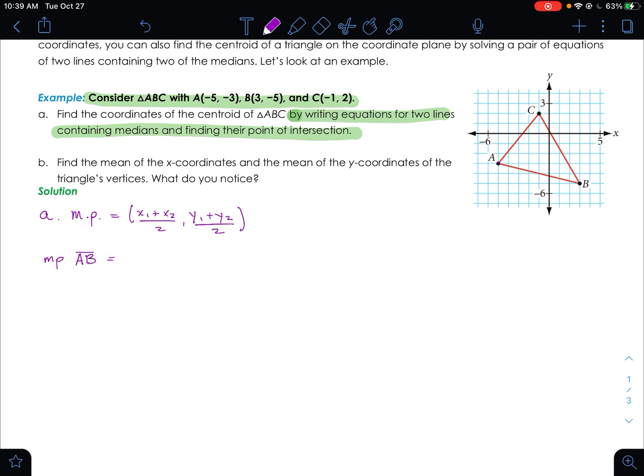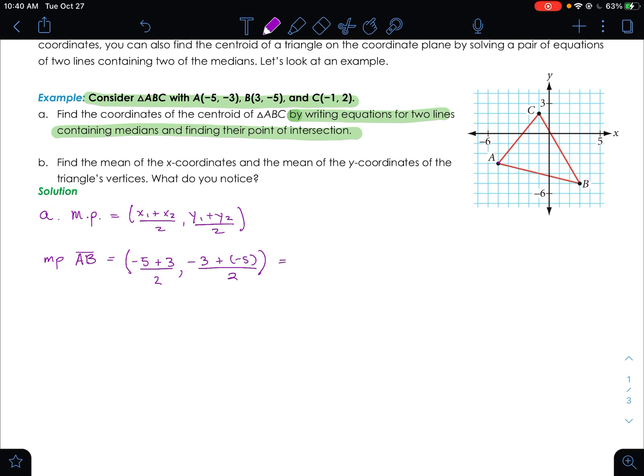That would be equal to, so if we look at point A, -5, -3, and then B is 3, -5, we would have -5 plus 3 divided by 2, and then we would have y1 plus y2, so -3 plus -5 divided by 2.